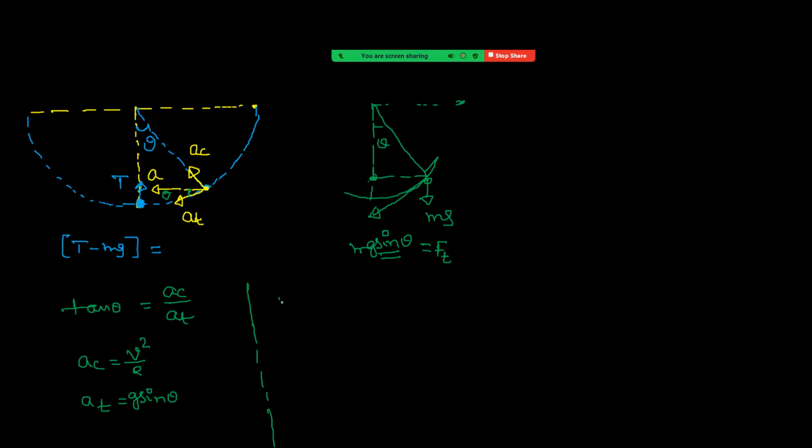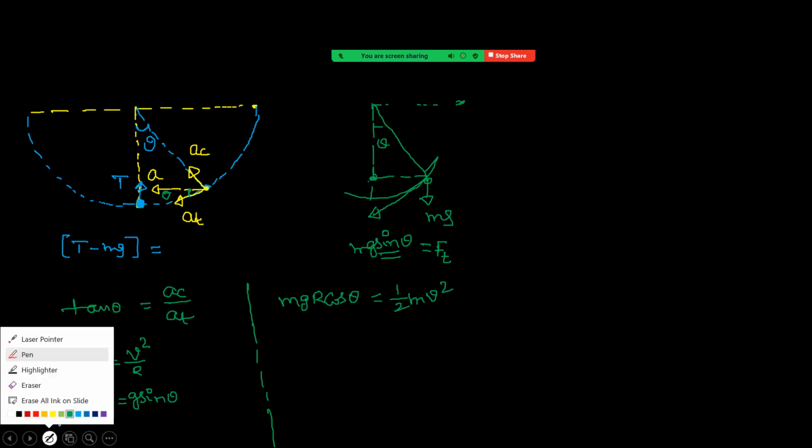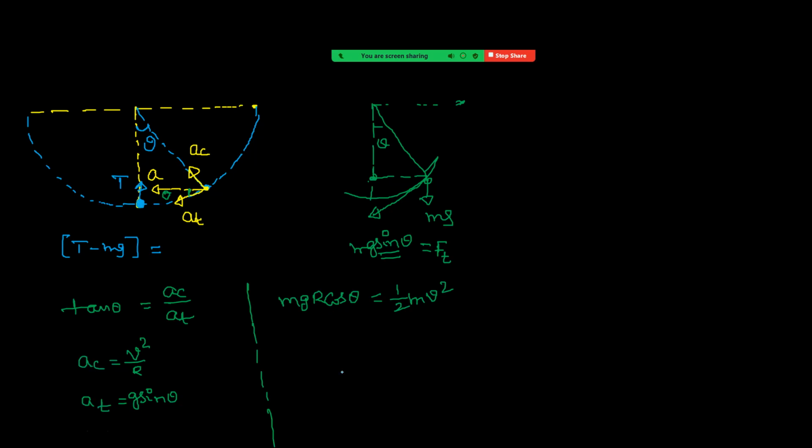That means loss in gravitational potential energy is mg r cos theta. This converts into kinetic energy, half m v square. From this we can get v square, or directly v square by r, because we want AC. Mass gets cancelled, and from this I can get v square upon r.